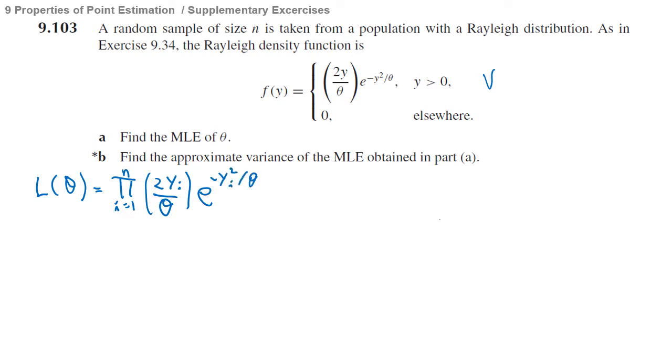And for this one, this is 1 over theta to the n, and 2 to the n, and the product for i equals 1 to n of yi, and also e to the minus sum of yi square divided by theta.